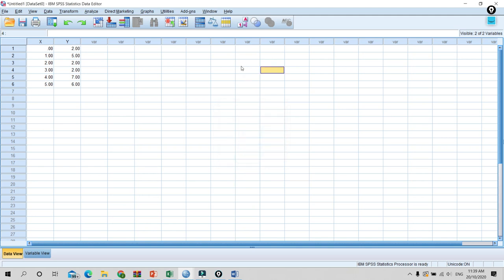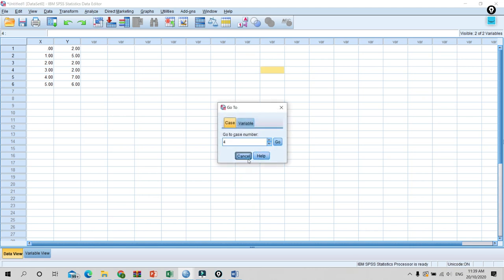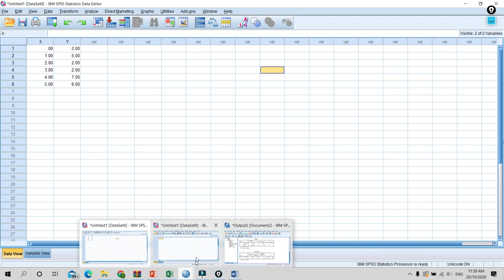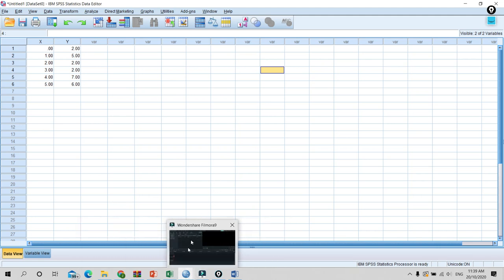If you want to preview your result just now, you can go to the bottom here.